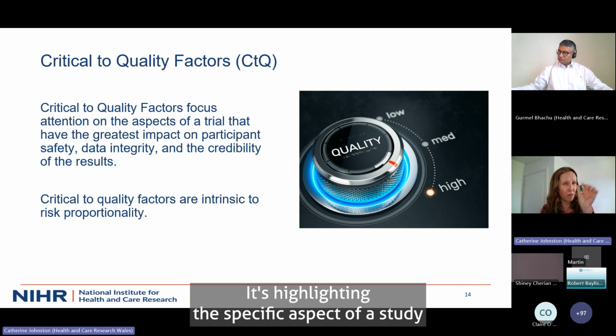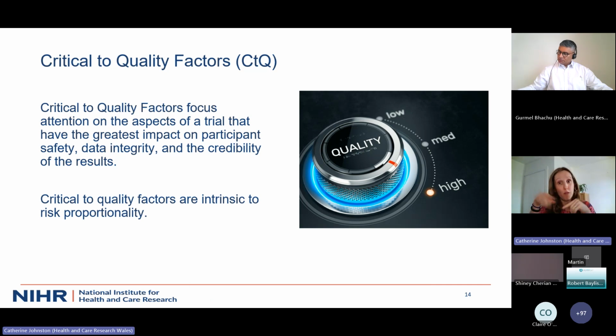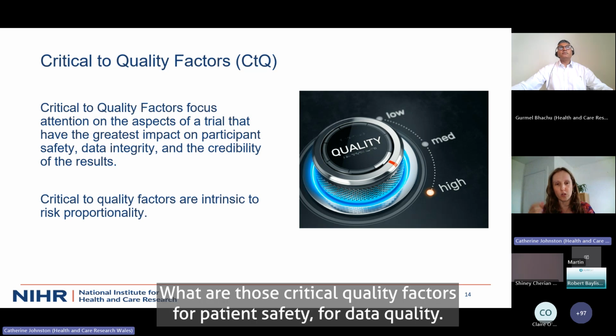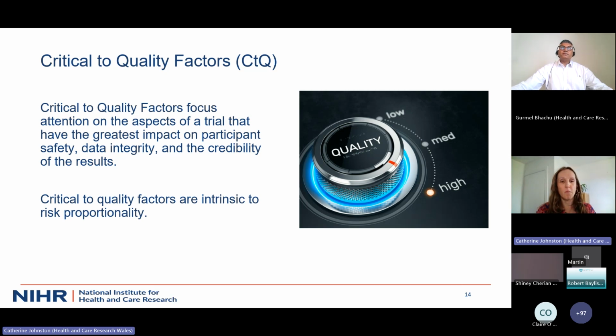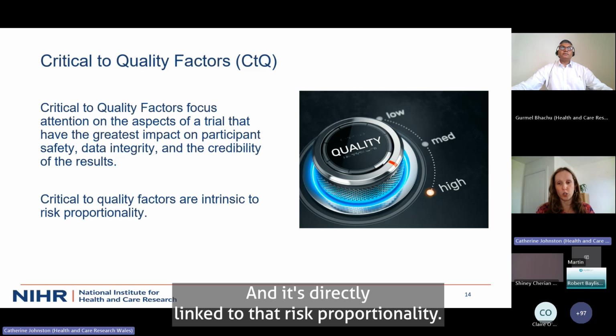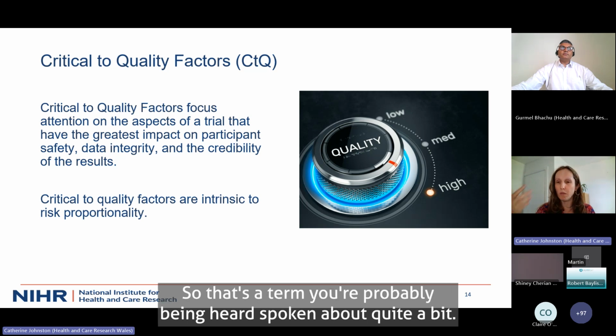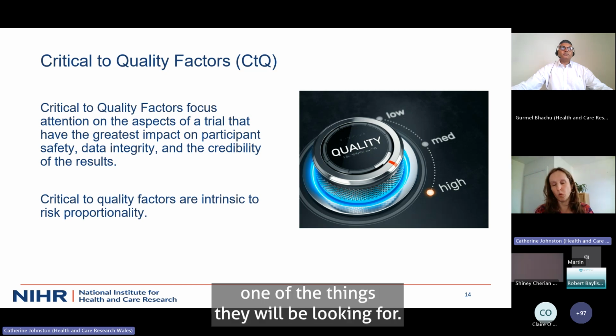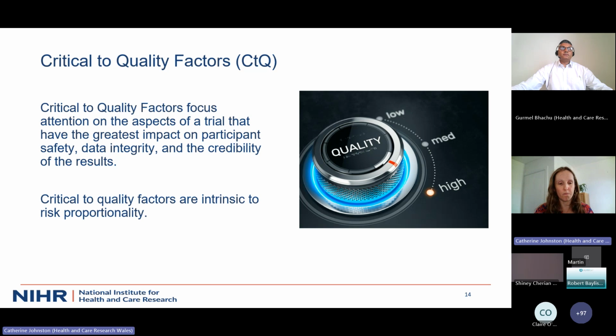It's highlighting those specific aspects of a study where we've got to have those considerations. Where does the risk lie? What are those critical to quality factors for patient safety, for data quality? And it's directly linked to that risk proportionality. So that's a term you've probably heard spoken about quite a bit. And if anyone is MHRA inspected, that is what they will be looking for.